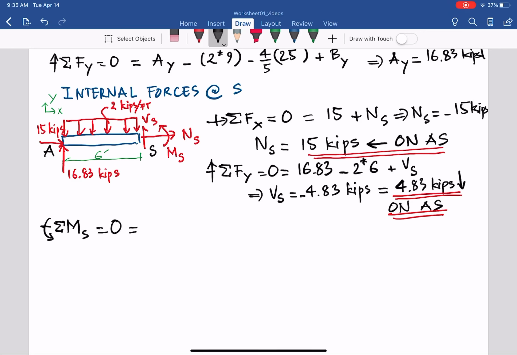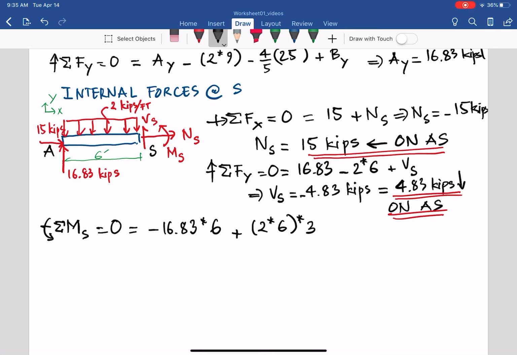Counterclockwise, assume positive. So from that we will have negative 16.83 times 6, because it's clockwise, and we have 2 times 6, that is the distributed load, times 3, and that about S is counterclockwise, so it's positive.